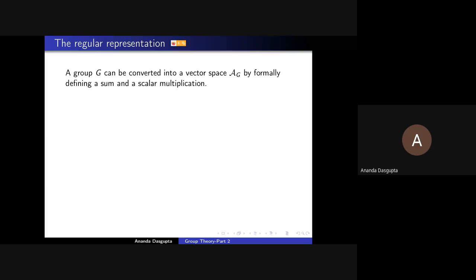Can you add 3 apples and 2 oranges to 4 apples and 1 orange? You will get 7 apples and 3 oranges, right? Apples to apples and oranges to oranges. So what is addition? Addition is just a rule which takes two inputs, gives an output, and has some basic properties.